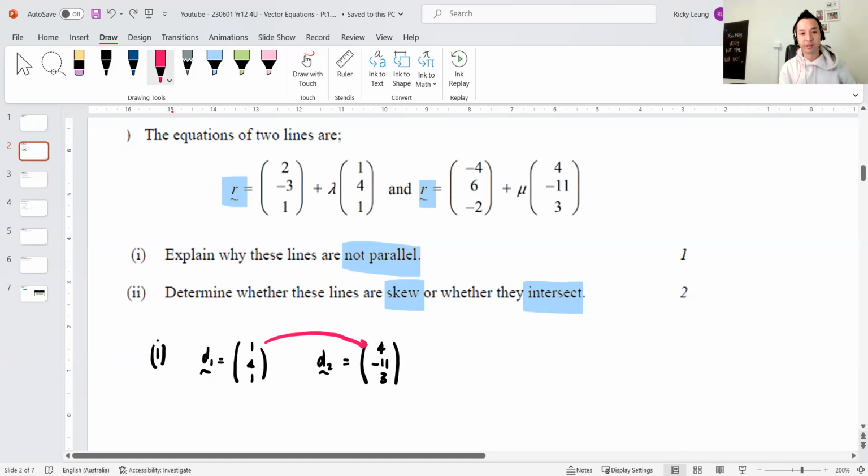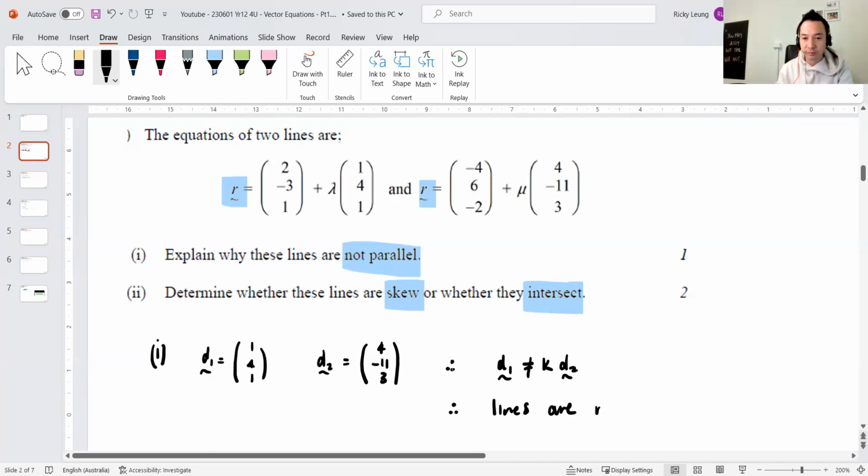So you can conclude, therefore, D1 is not a multiple of D2, therefore lines are not parallel. I don't think they're looking for anything more than that. Quite simple and quite straightforward.